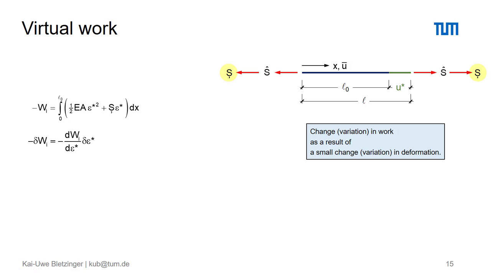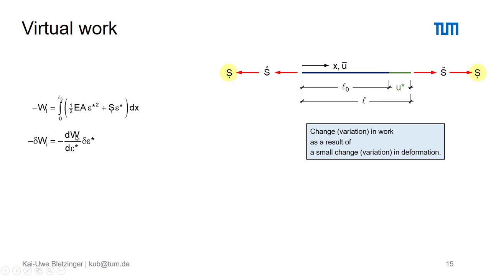Let's now look at what we call virtual work. By that we simply mean what is the change, the variation in work, as we apply a little change, a little variation of the strain, epsilon star. And as we have this expression as a function of epsilon star, we can apply the chain rule.